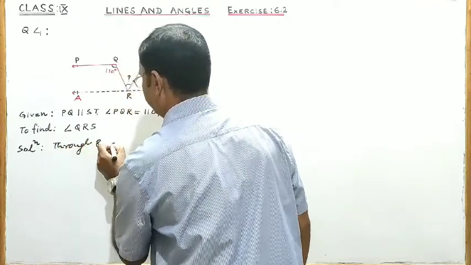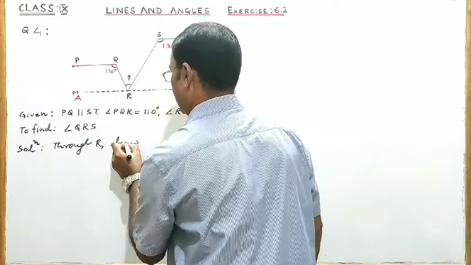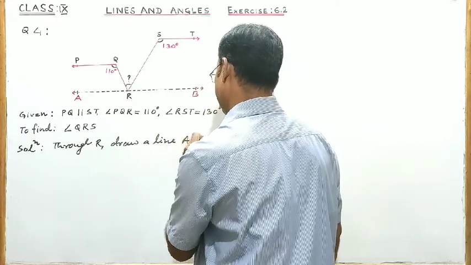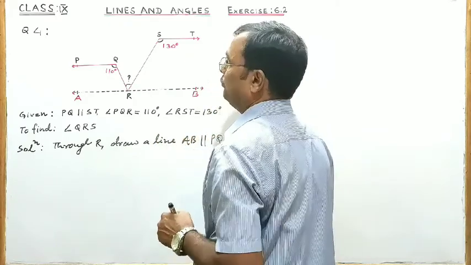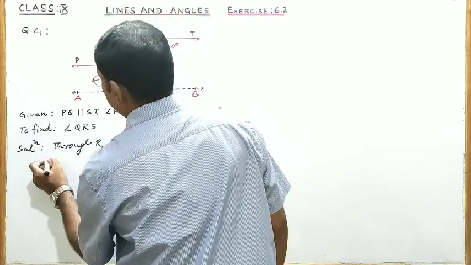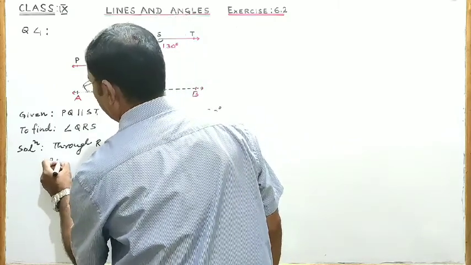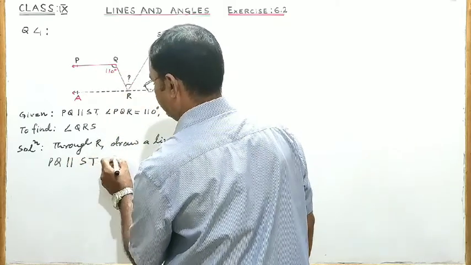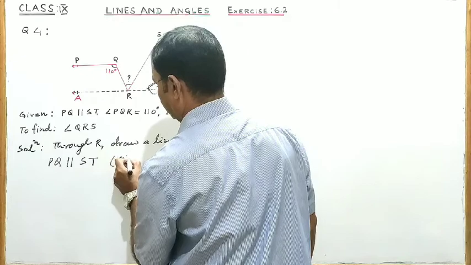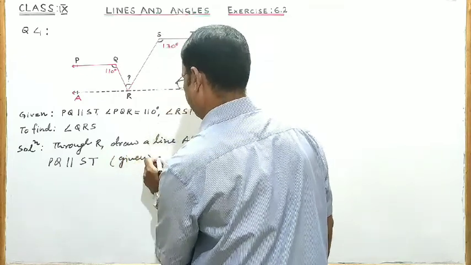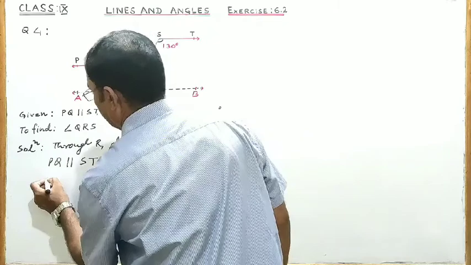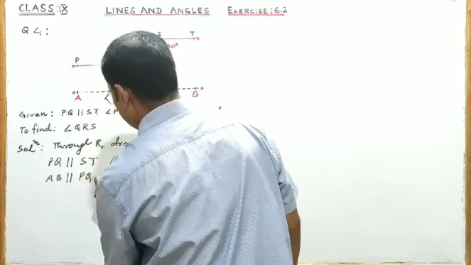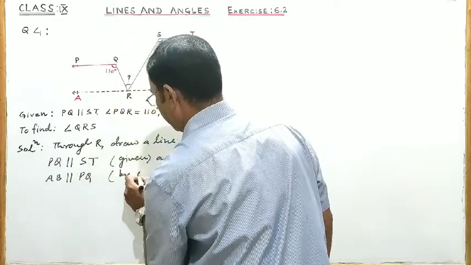Through R, draw a line AB parallel to PQ, and PQ is already given parallel to ST. And AB we have constructed parallel to PQ by construction.